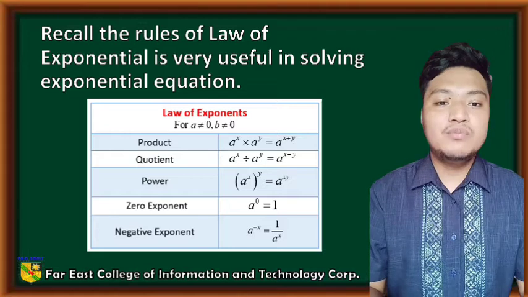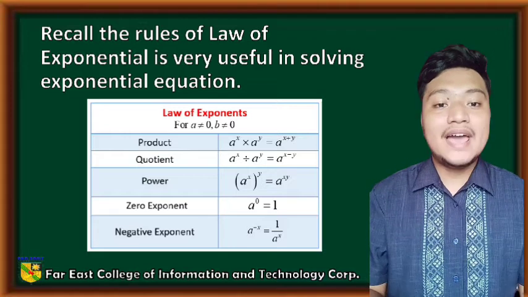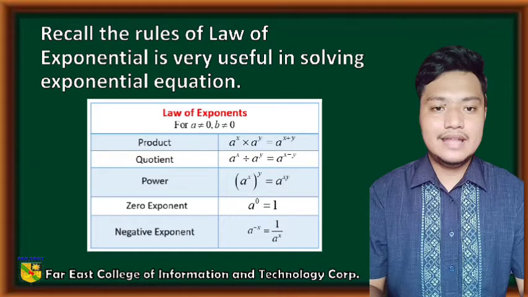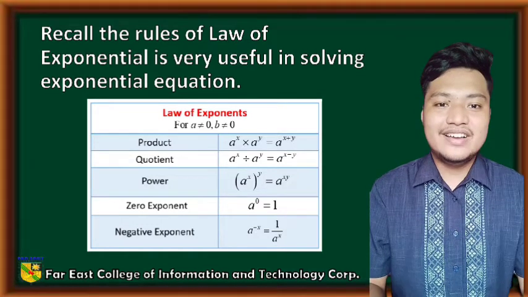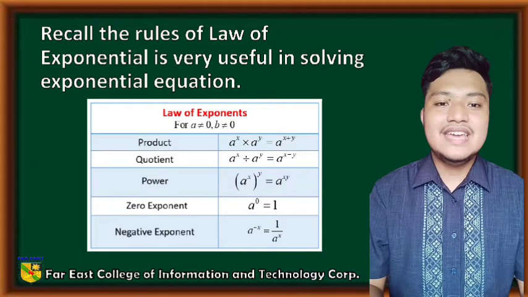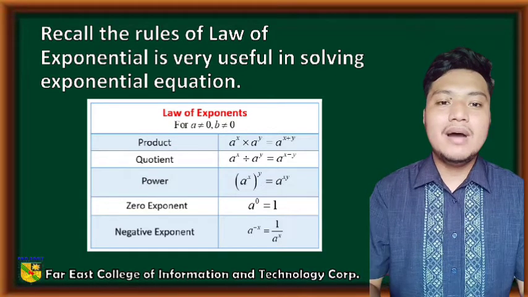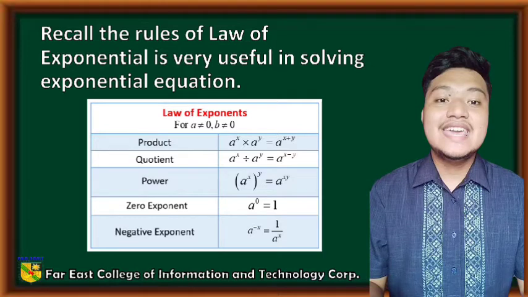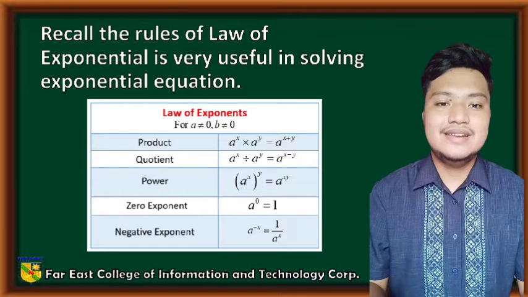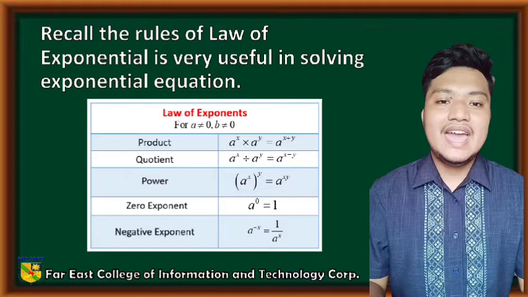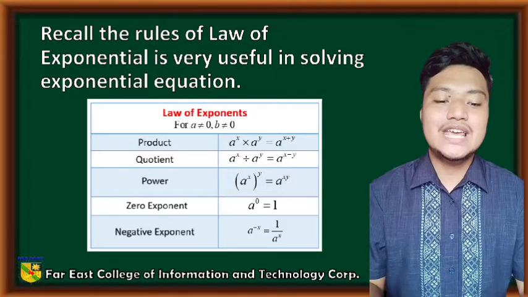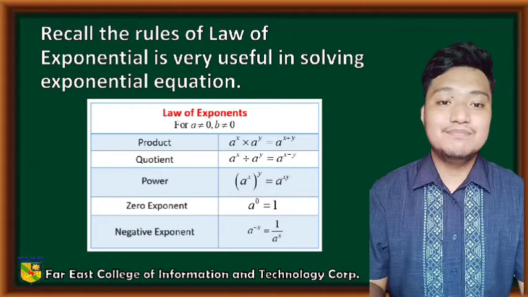So, pag nagmumultiply tayo with the exponent, so multiply the base, and then the exponent, i-add lang po natin sila. Okay? So, ulitin natin, i-multiply ang base, and then yung mga exponent natin ay i-add lang. Next, quotient naman tayo. A to the x divided by a to the y is equal to a to the x minus y.